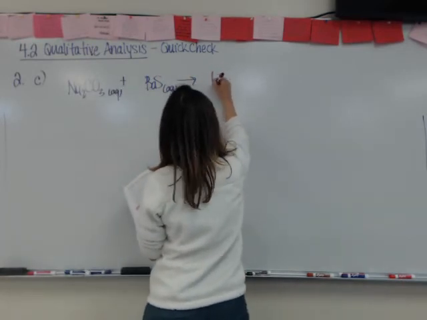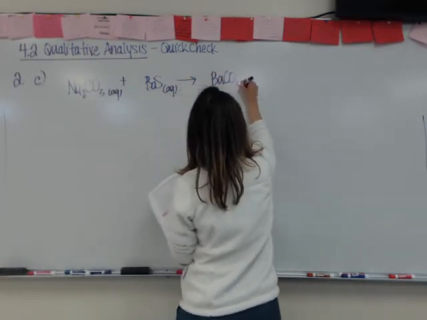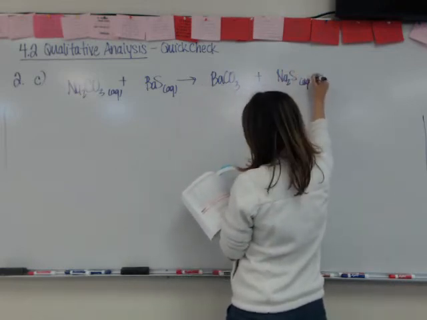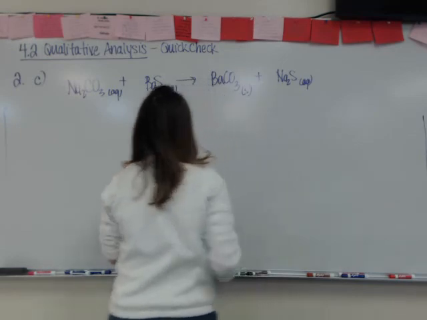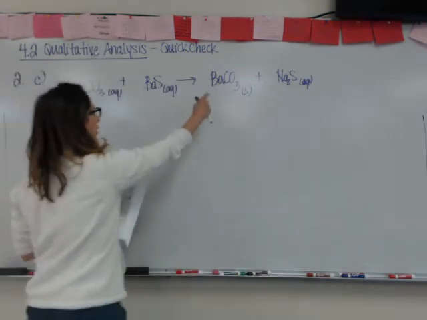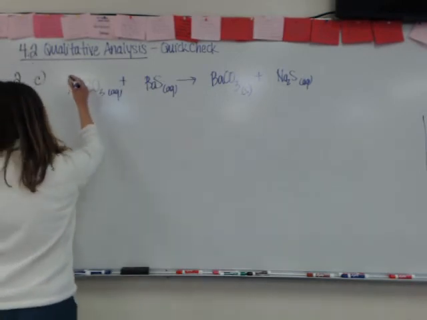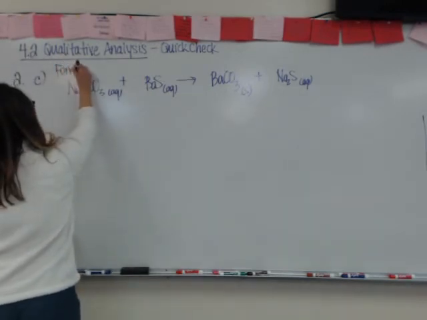Barium and sodium switch places. I get barium carbonate and sodium sulfide. Check the solubility rules for states of matter. You're going to get a precipitate here on the barium carbonate. Is it balanced? Yes. So this is my formula or molecular equation.